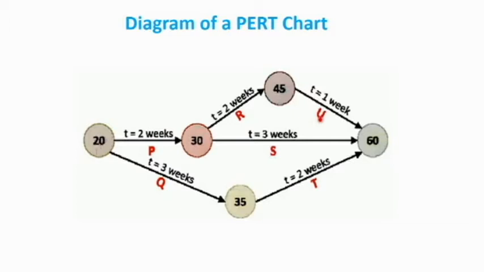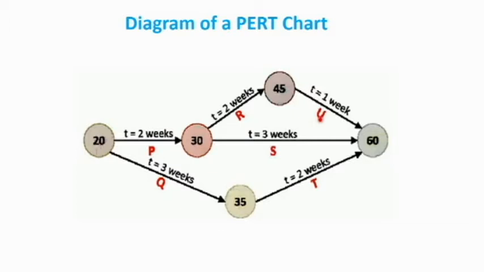In our diagram, the first activity has 2 weeks and moves to the next activity with the letter R, which has 2 weeks also. It moves to the next activity U, which has 1 week.